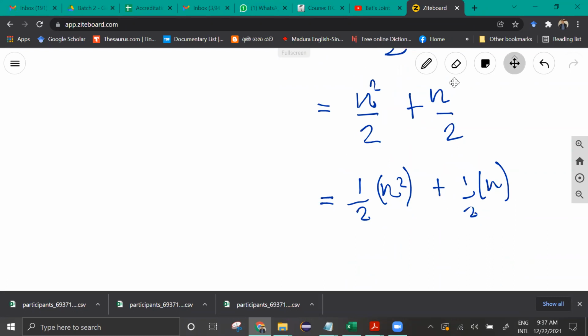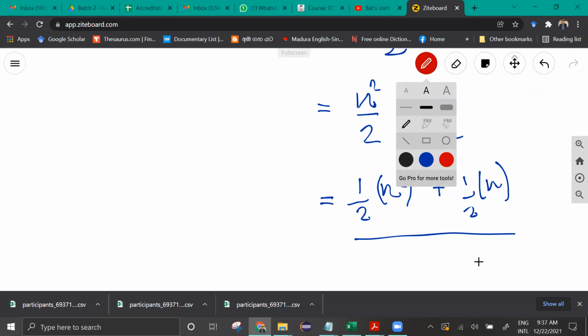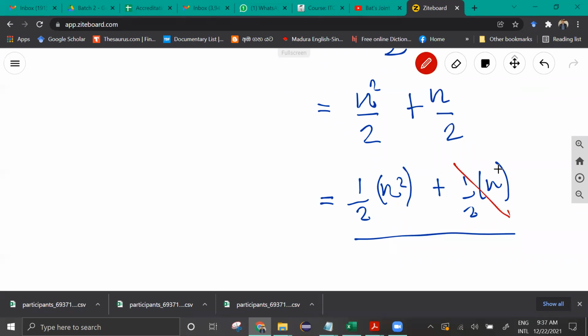But even in this case, this is the value, but still we ignore this term and this constant. We still consider it as n squared, or big O n squared.